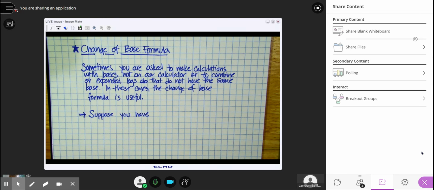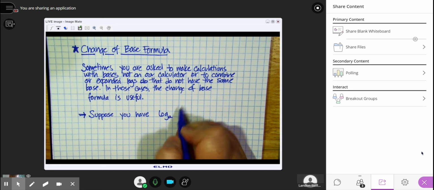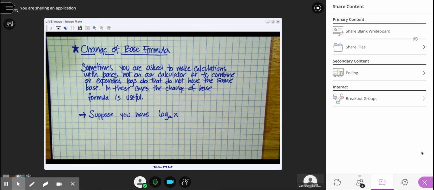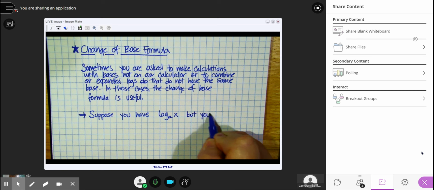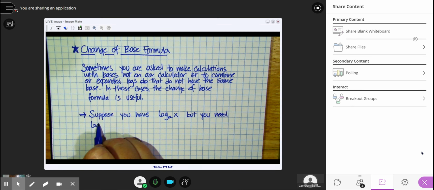So we're going to pretend that we have some log base a of x, but you need a log with a different base of that same x.